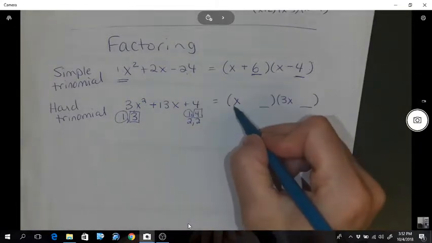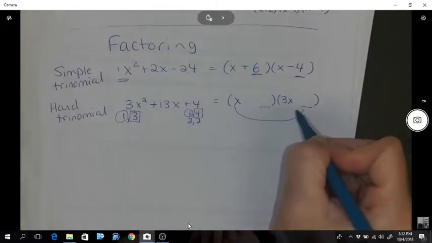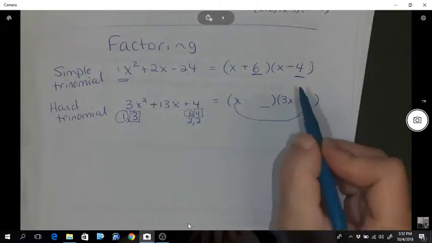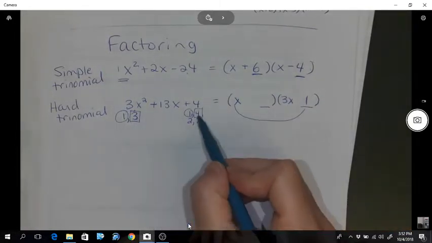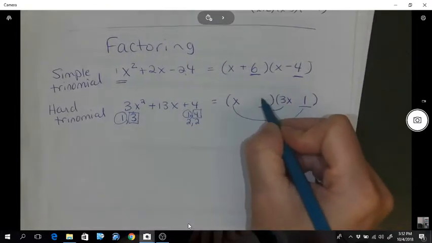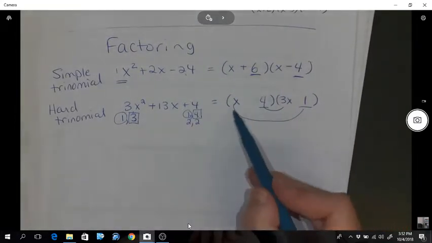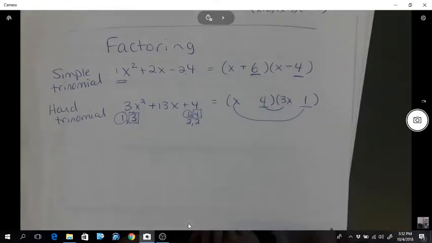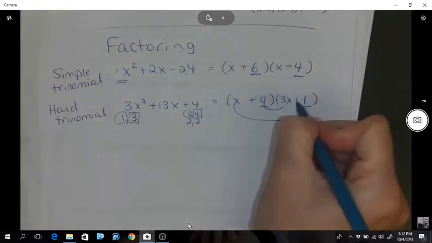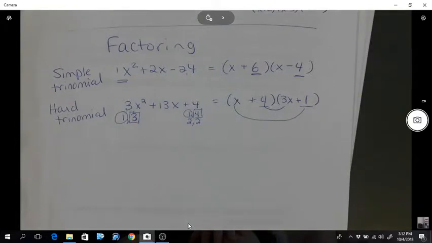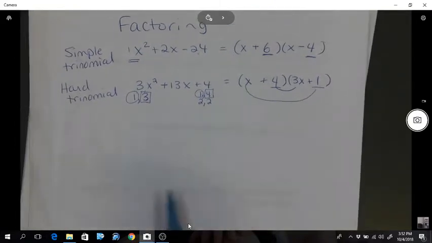So I'm going to put the 1 with the 1, and I'm going to put the 3x with the 4. Do you see my outsides and insides? Outsides 1, insides 12. Okay, so those are the style you'll see with hard trinomials.